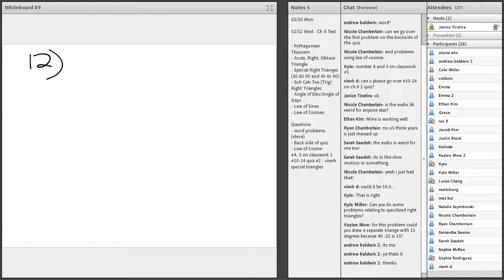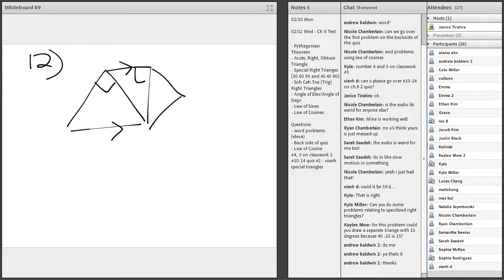So 12 was, a lot of us, I think, assumed, but you assumed correctly. So there were these parallel lines, and yes, these are all 45-45-90s due to the fact that these were parallel and these were congruent.